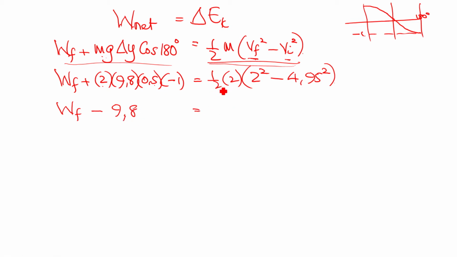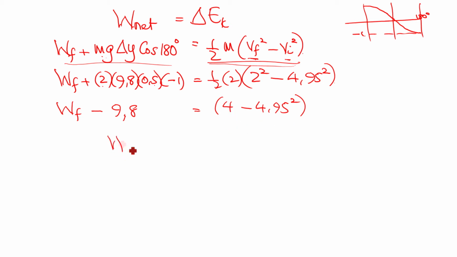And that's equal to a half times 2, and that is 1, and 2 squared minus, so that's going to be 4 minus 4.95 all squared. I think we had a value for that earlier, didn't we? 24.5. Okay, it doesn't matter.